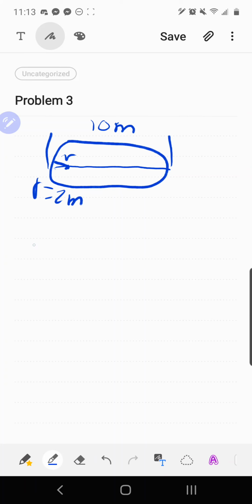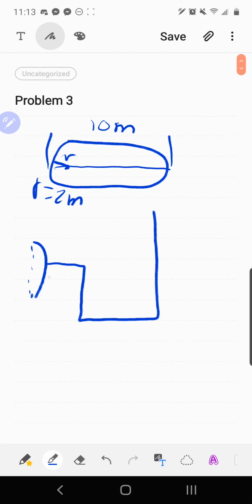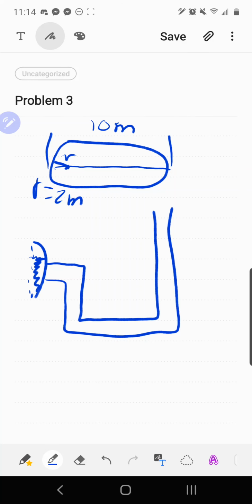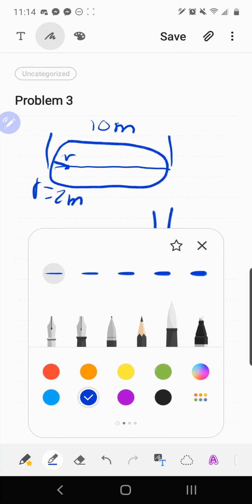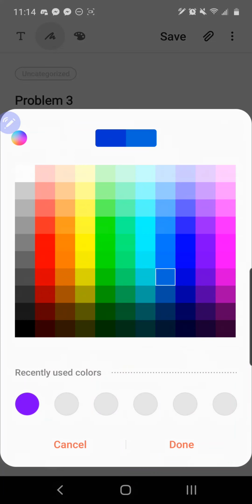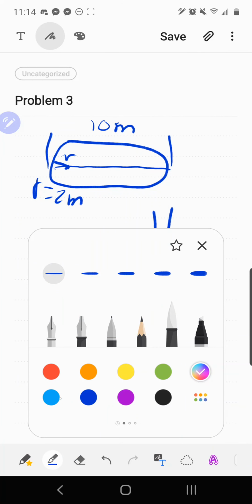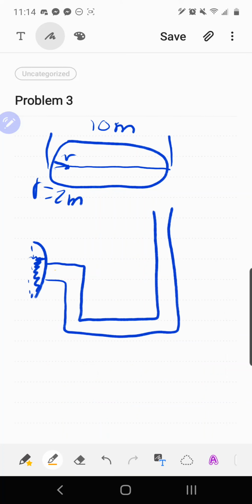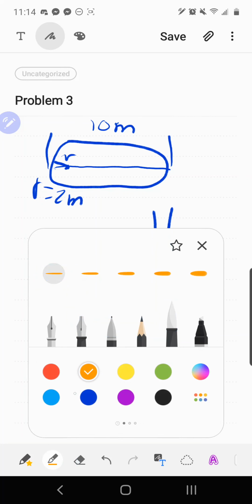We have a manometer, like so, filled about this height. We have a chemical here up until this point, and then the rest is water.